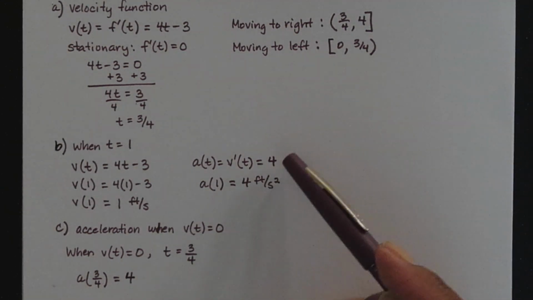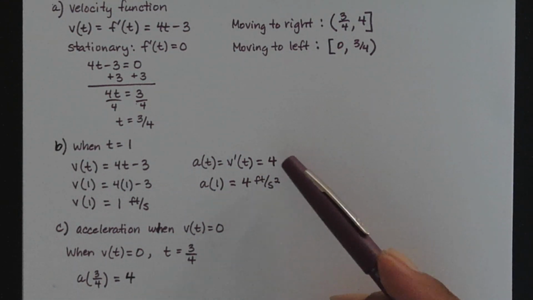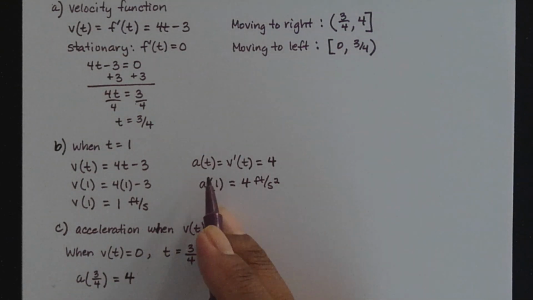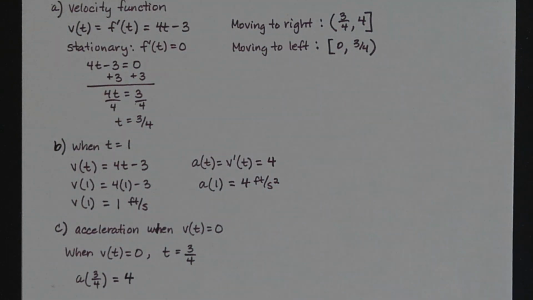Because I have no variable to substitute that in. So no matter what the t is, in this case, a of t will have to be 4. Any questions about part C? Or are there any questions about problem number 3 and how that's done?